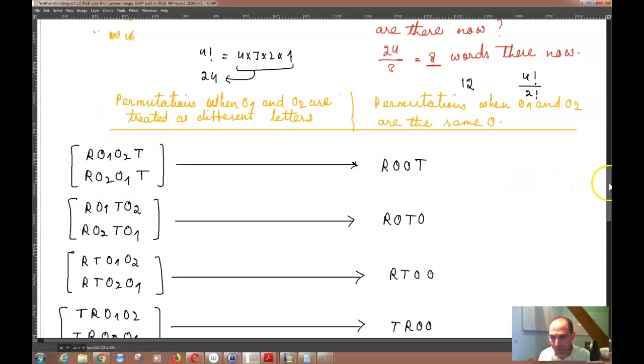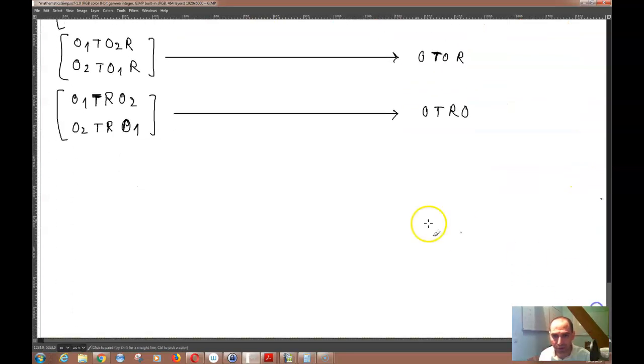But for example, if I told you that I have all of these words over here, word 1, word 2, word 3, word 4, word 5, and word 6, so there are 6 words in total here.